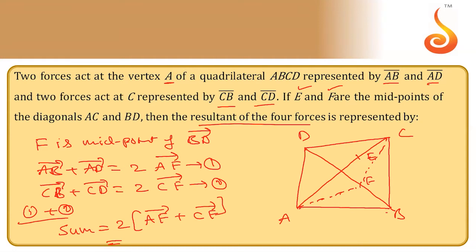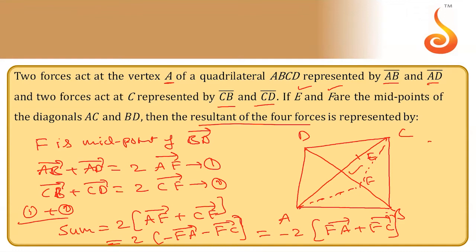Now you can write this as 2 times minus FA minus FC, that is minus 2 into FA plus FC. Why am I writing like this? You can understand easily. If I take this triangle with vertex F, E is the midpoint of CA, so FC plus FA equals 2 times FE.